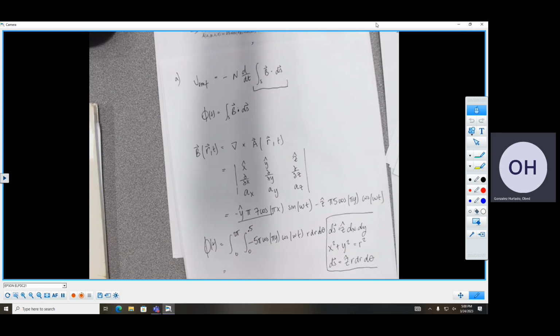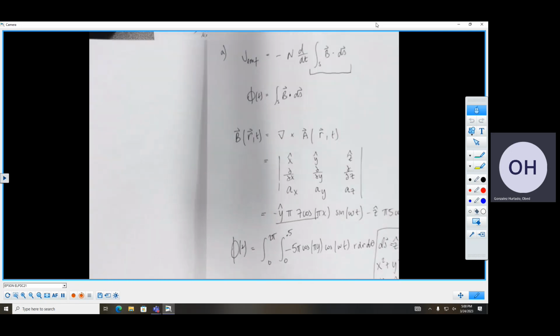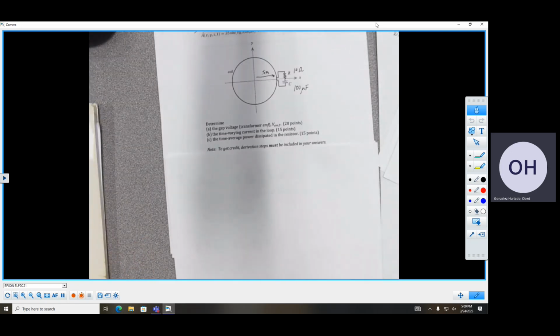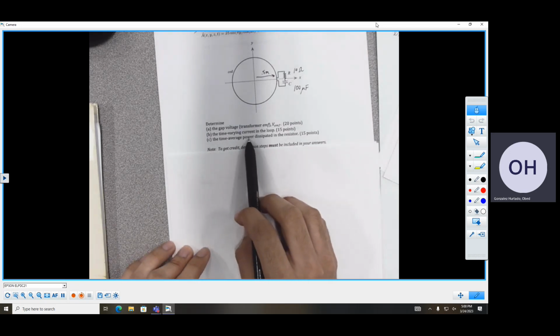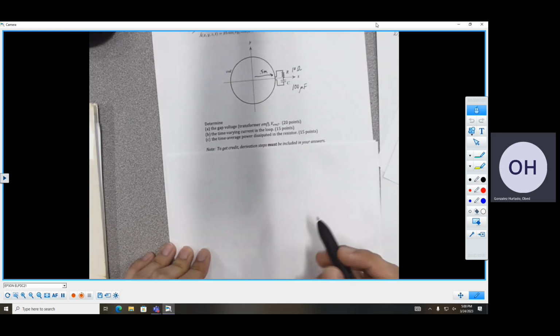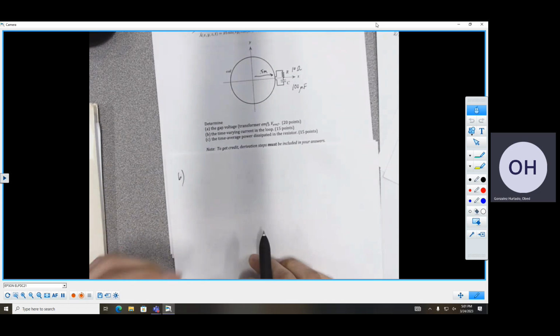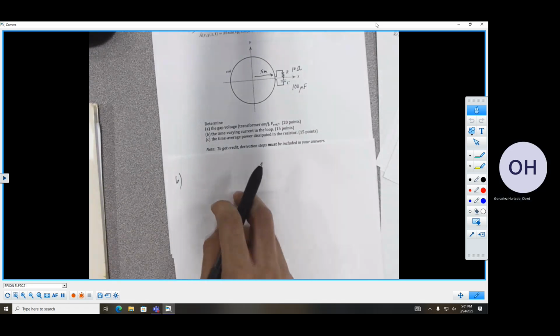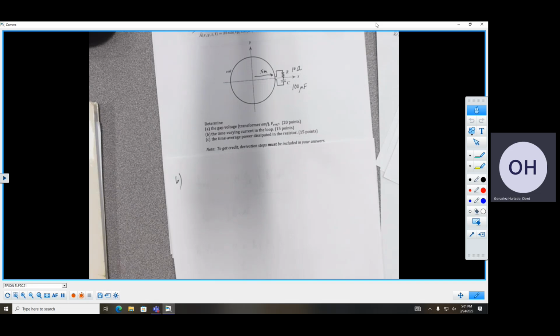It gets easier. The parts are a little bit easier after this. The next part is find the time varying current, and then time varying power. Time average power. Yeah, that's what it does say.